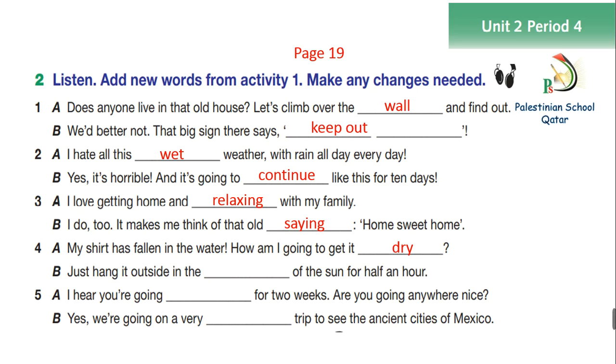Just hang it outside in the heat of the sun for half an hour. Number 5: I hear you're going away for 2 weeks. Are you going anywhere nice? Yes, we're going on a very special trip to see the ancient cities of Mexico.